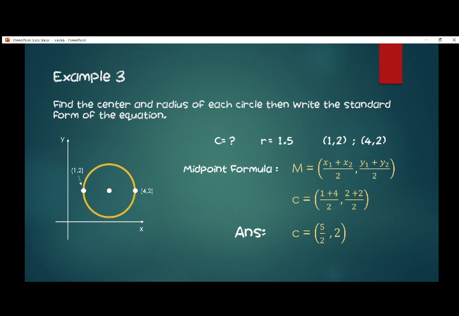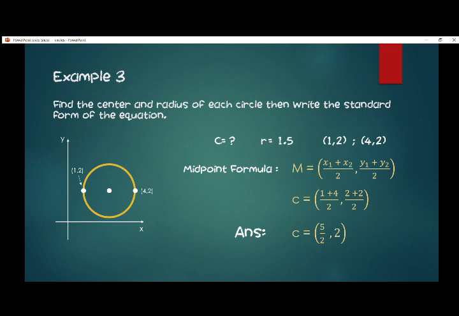And then, plug in lang din natin yung ating values. C is equals to x sub 1 is 1 plus x sub 2 is 4 all over 2. And then, y sub 1 is 2 plus y sub 2 is 2 all over 2. And then, the center will be 5 halves and 2. Ngayon, meron na tayong center and radius.